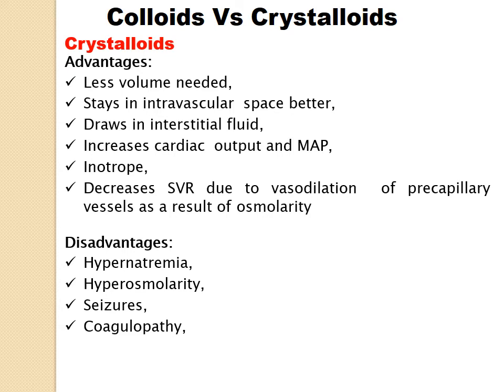Here, the advantage of the crystalloid is the decrease of SVR, that is due to the vasodilation. Actually, what happens when blood vessels constrict, vasoconstriction is there, this leads to an increase in SVR, that is the systemic vascular resistance.